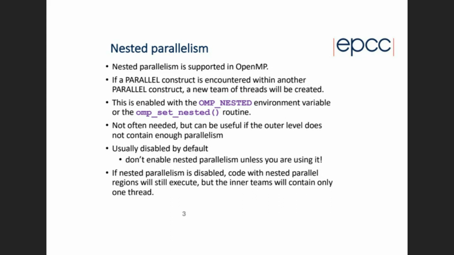If nested parallelism is disabled, what that really means is that if you have code with nested parallel regions, it'll still execute fine, but the inner teams will only contain one thread. Only the outermost parallel region will create threads, and the inner ones will just execute on one thread.